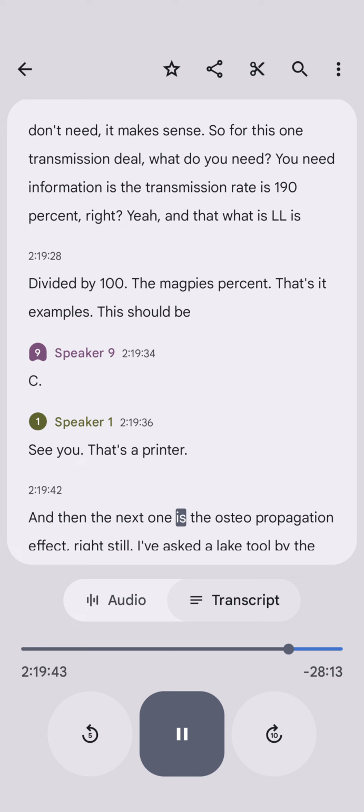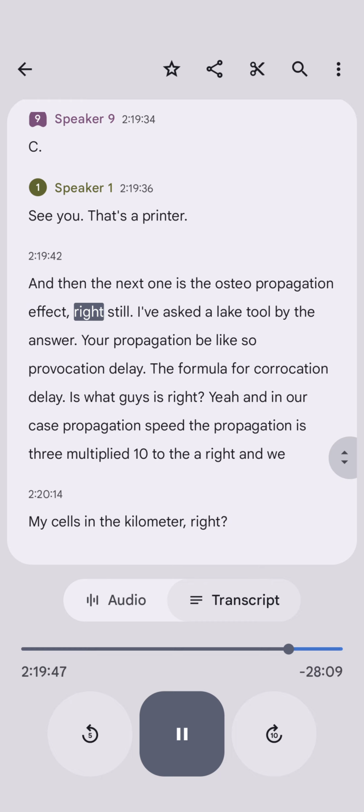And then the next one is asking you about propagation delay, right? Still link 2, but asking for propagation delay. So the formula for propagation delay is what, guys? Distance divided by S, which is the propagation speed, right? Yeah. And in our case, the propagation speed is 3 multiplied by 10 to the 8, right?